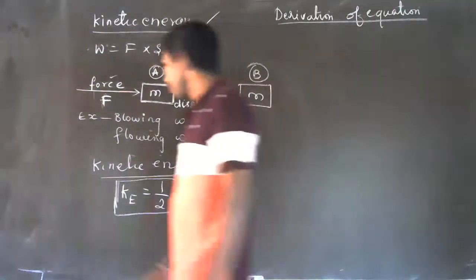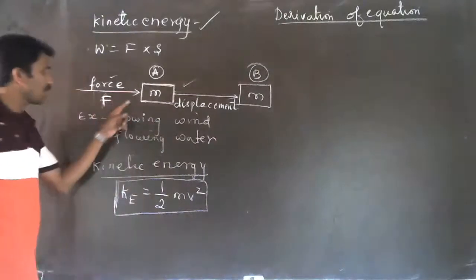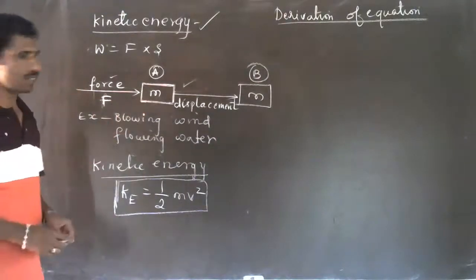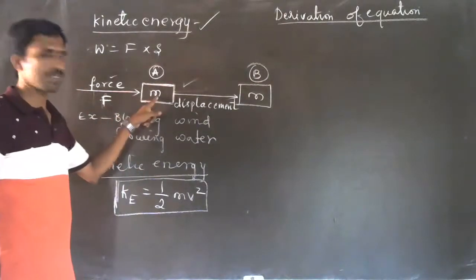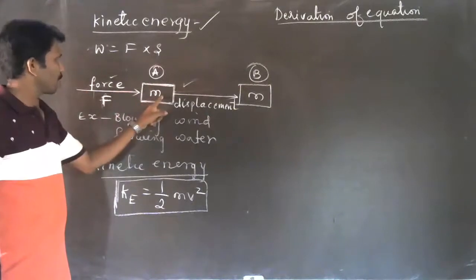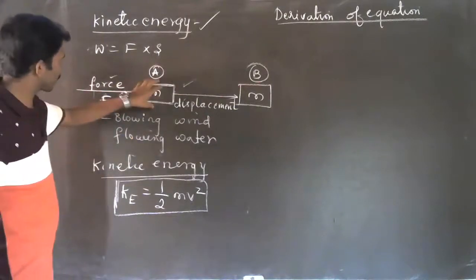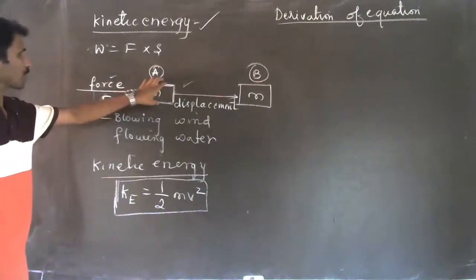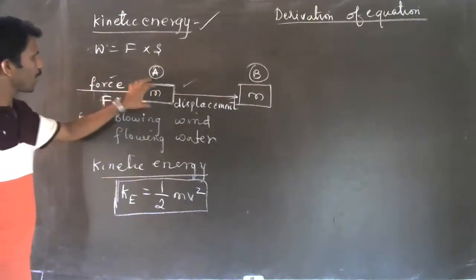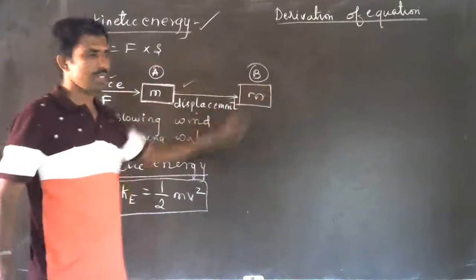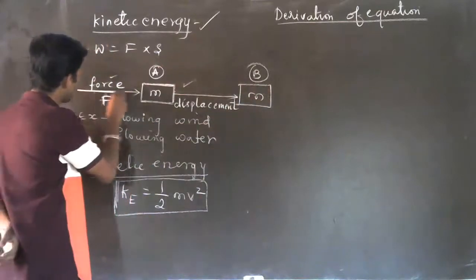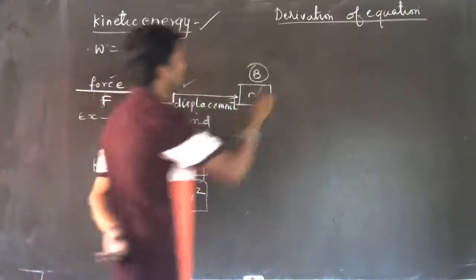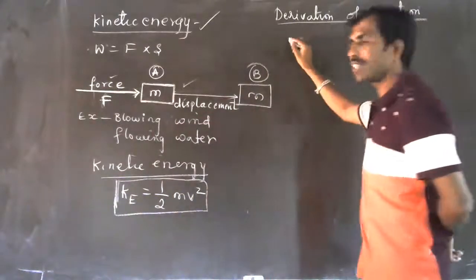See here, an object of a certain mass. A force is applied on it and it will be displaced. When you apply a force, it will have some initial velocity, which is represented by u.